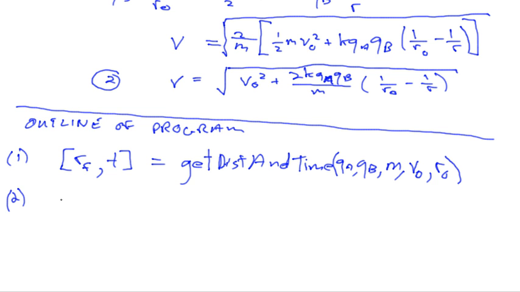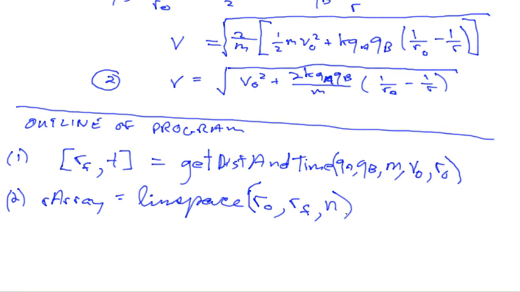So now I've got to create an array of R values. I'll call it R array equals linspace of R0 up to RF, n values.